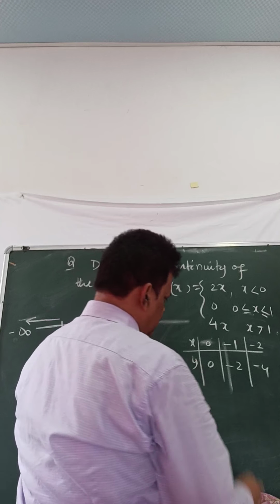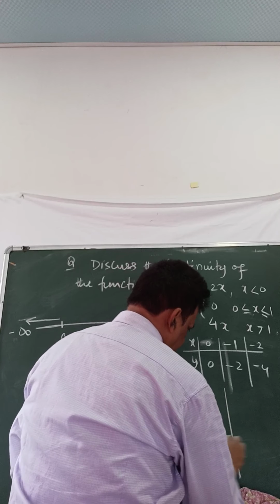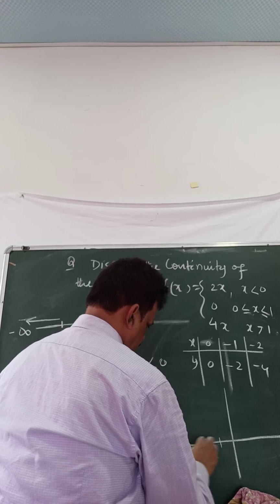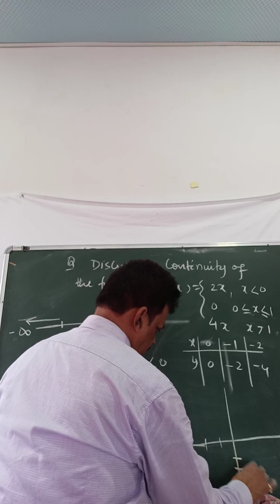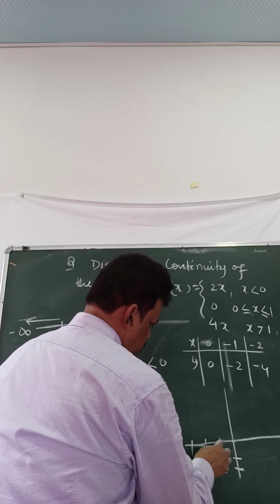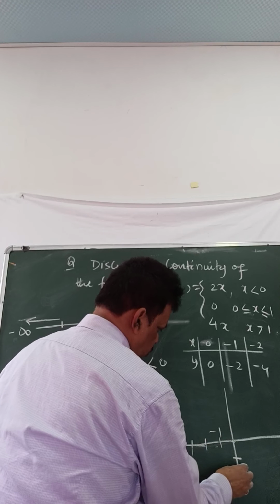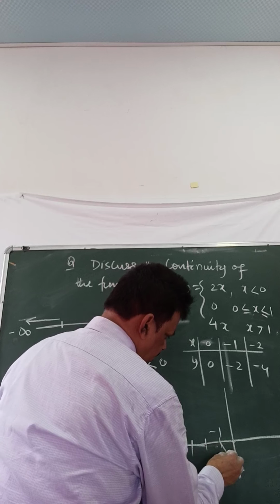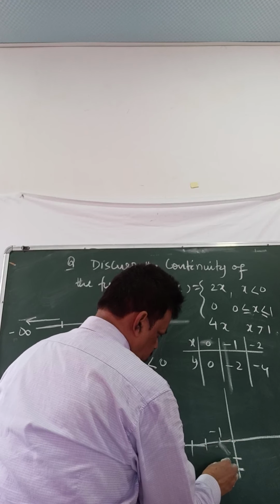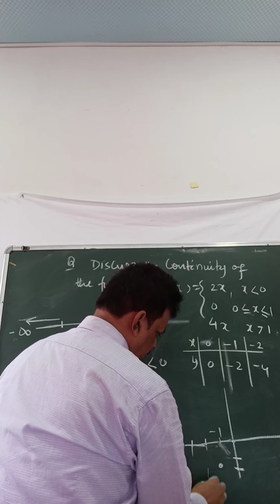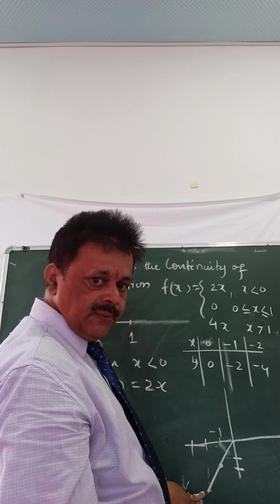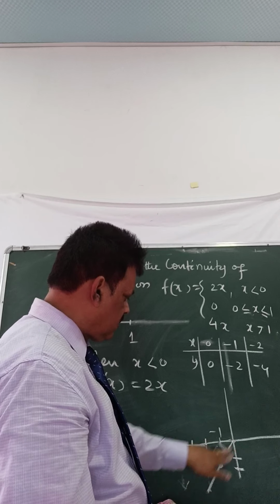So if you draw a line continuously, 0, minus 1, minus 2, you are getting a straight line. This is called a continuous graph.